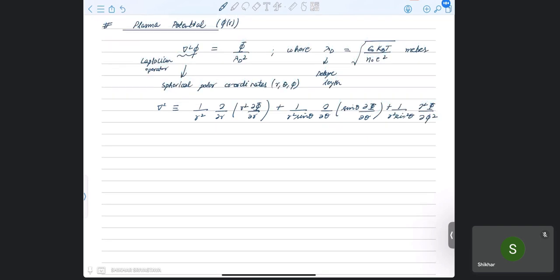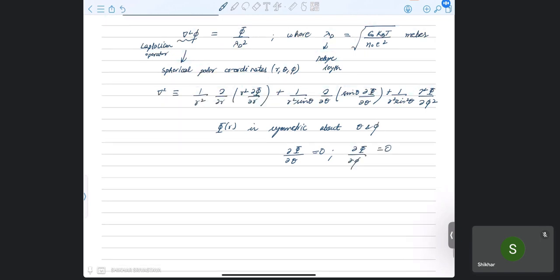Now the Coulombic potential phi of r is symmetric about the theta and phi coordinates. That means it doesn't vary across the theta and phi directions, so del phi by del theta is equal to 0 and del phi by del phi is equal to 0.